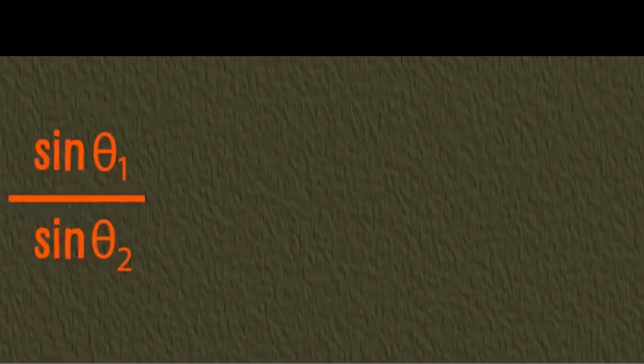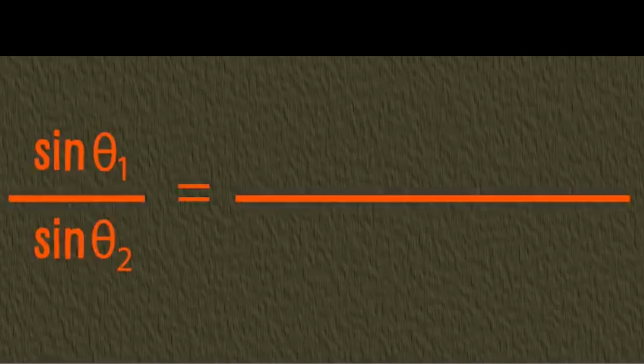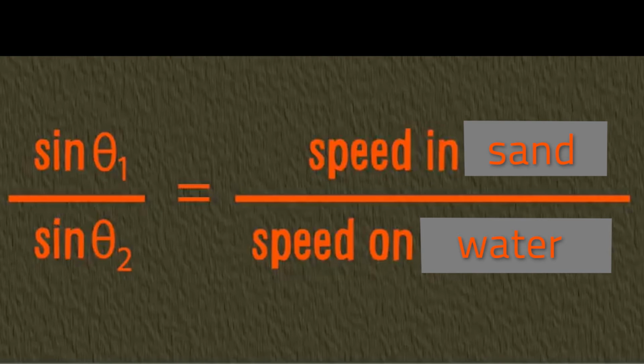When the ratio of the sine of these two angles is equal to the ratio of the speeds in both places, the resultant path is the quickest or the most efficient route. This is known as Snell's law, and we all know light always obeys it.